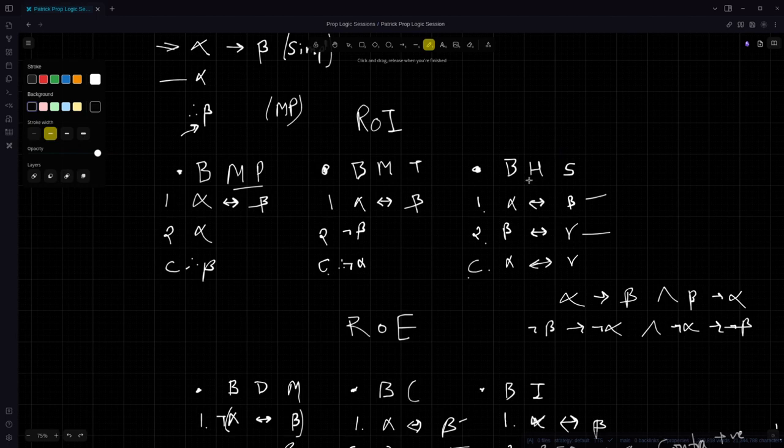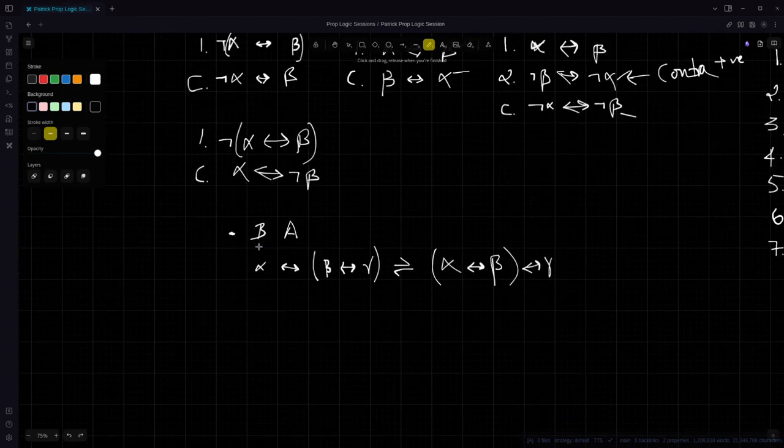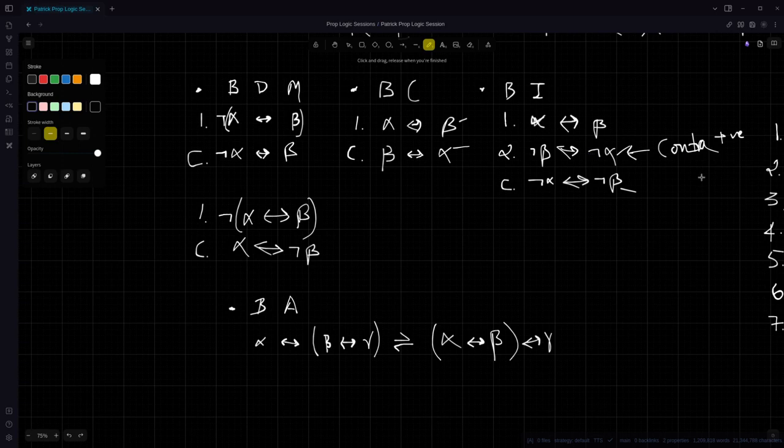We also did rules of equivalence, including biconditional De Morgan's law, biconditional commutativity, the inverse, the contrapositive, and then the association.